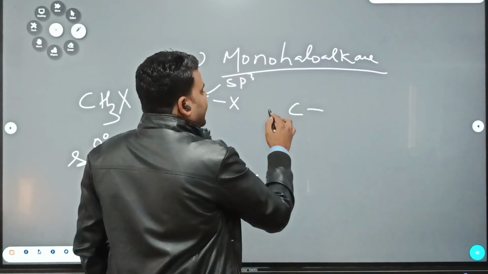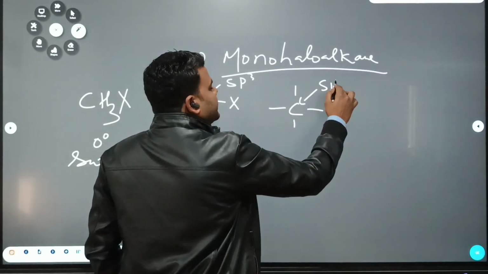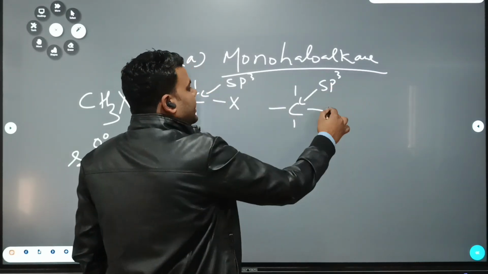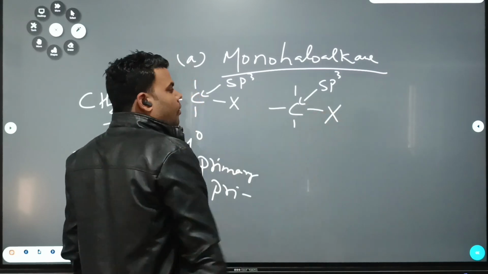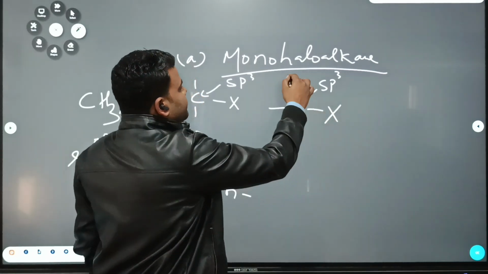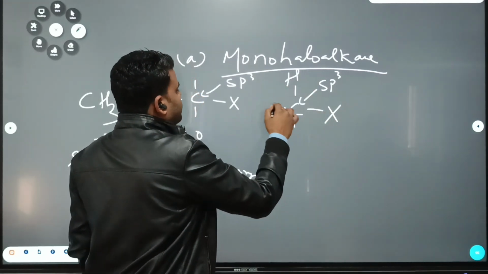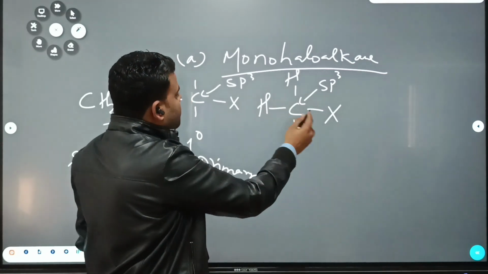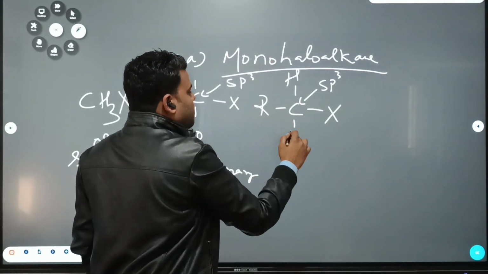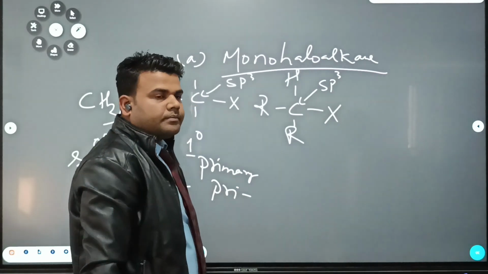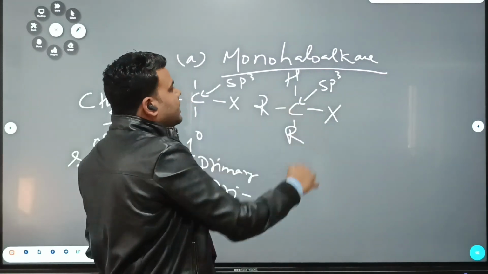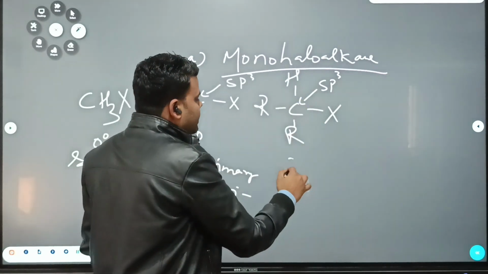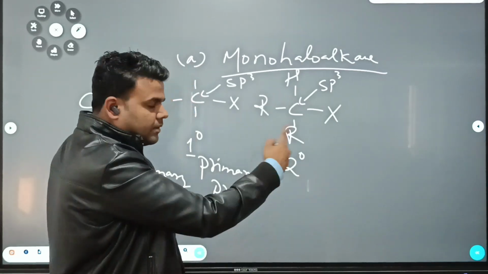Next, if this sp3 hybridized carbon, okay, is attached to one halogen and has got two carbon groups here, okay, two carbon groups here, then such kind of monohaloalkanes will be considered as secondary haloalkane.